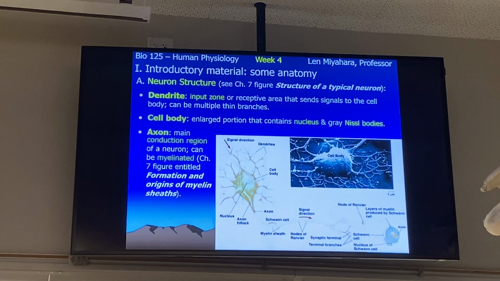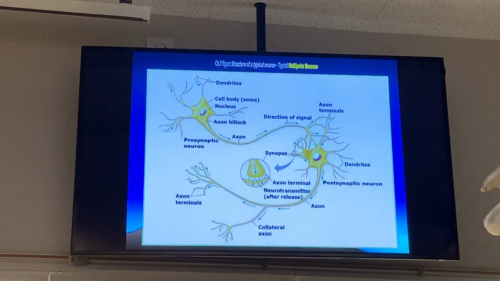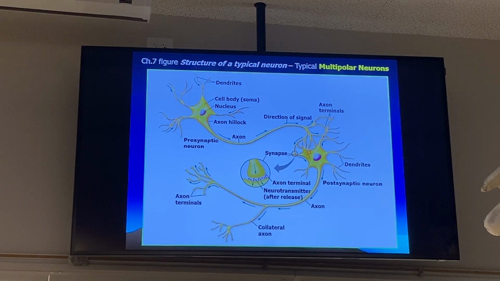So most of what we're going to talk about, especially in the beginning, before we get to the senses, is about this. Multipolar neurons, multiple dendrites, each one is a pole, and one axon. You guys remember multipolar neurons? Yeah. That's what we're basically studying here. Here's 2 multipolar neurons. Everybody see how we're going to concentrate on multipolar neurons?